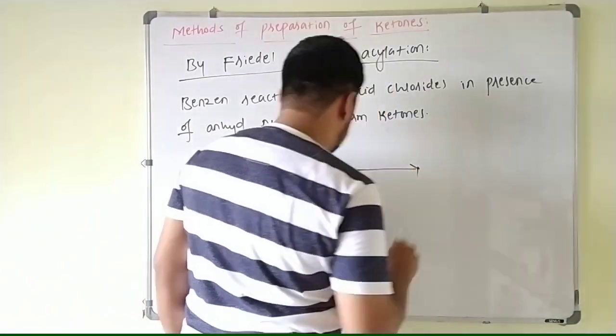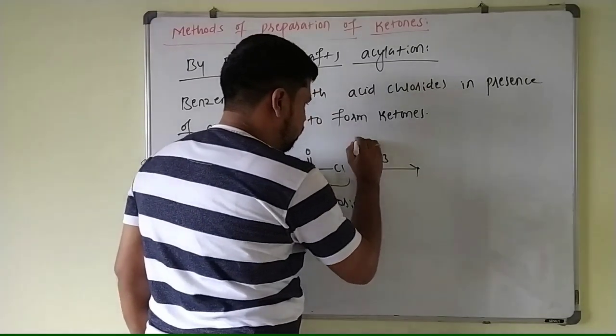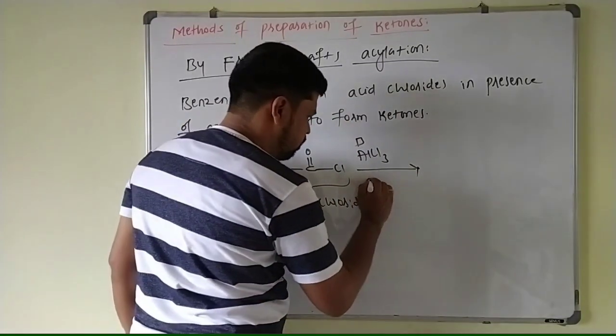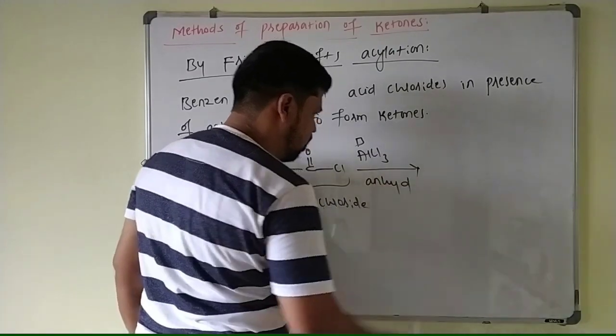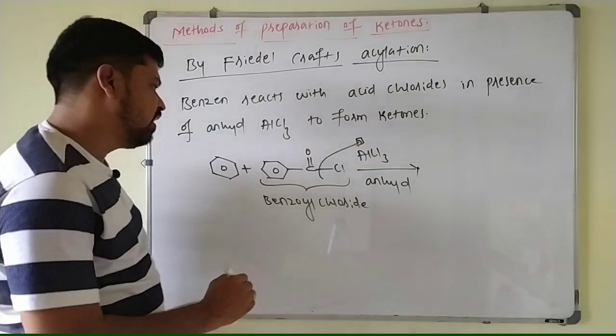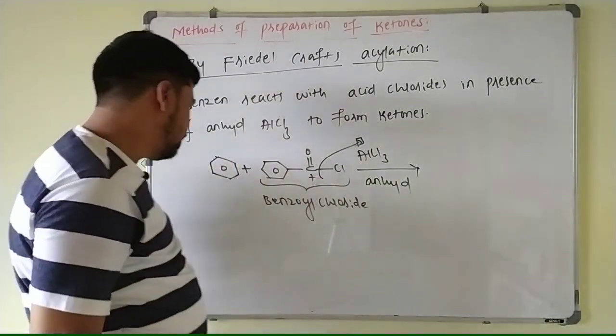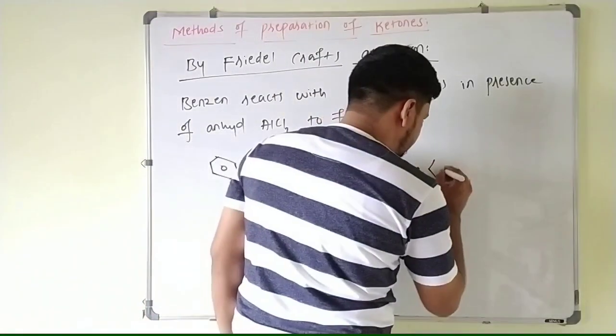This, on treating with benzene in presence of AlCl3, which is your Lewis acid, and this is in the form of anhydrous, and this bond pair of chlorine is taken by AlCl3, and here this electrophile is produced, and this will be attached to the benzene ring to form diphenyl ketone.